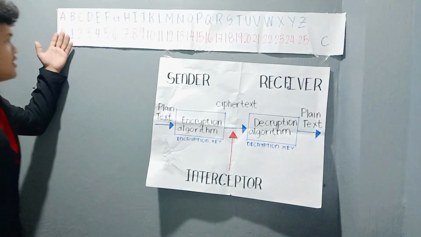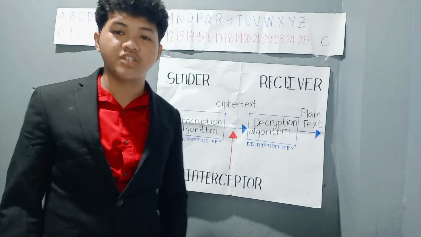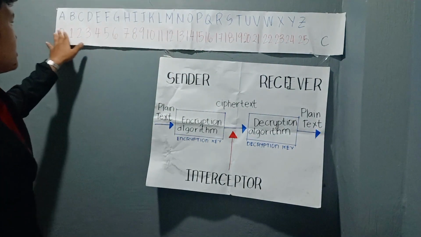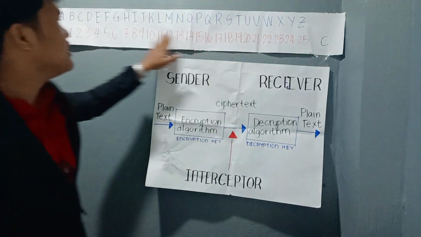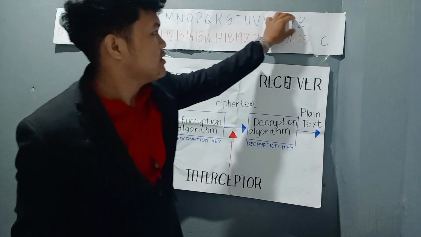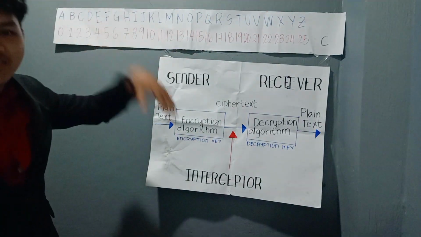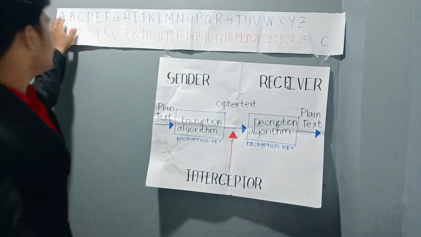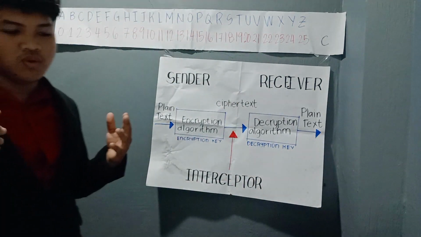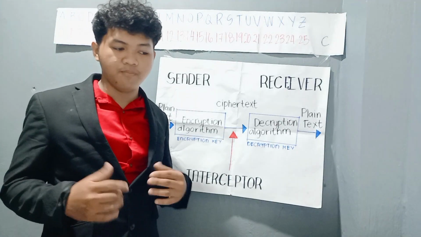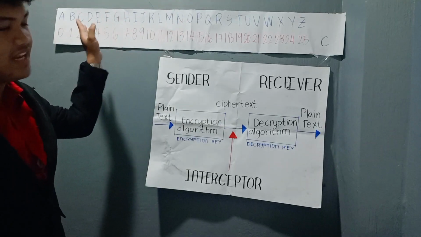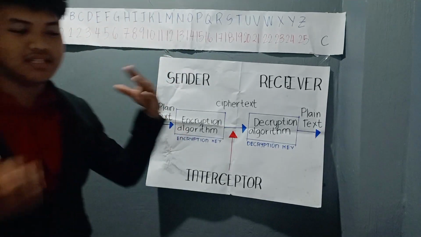Look here on top, we have the chart of A to Z. Let's ignore the red letters and focus on the blue letters: A, B, C, D, E, F, G, and so on. It says that we shift a certain number of positions, down or up the alphabet.